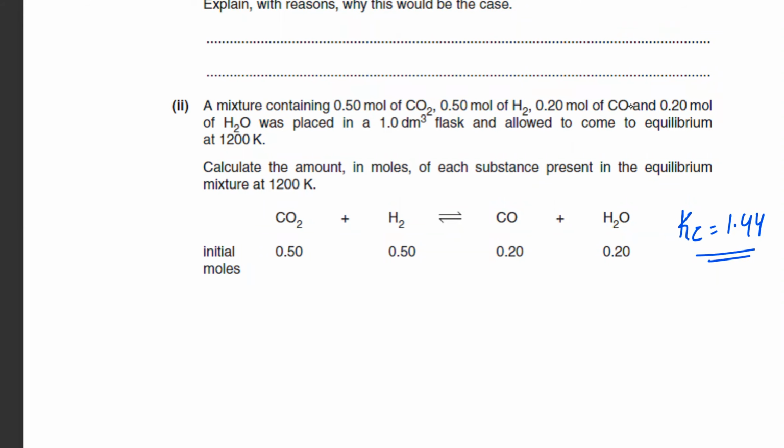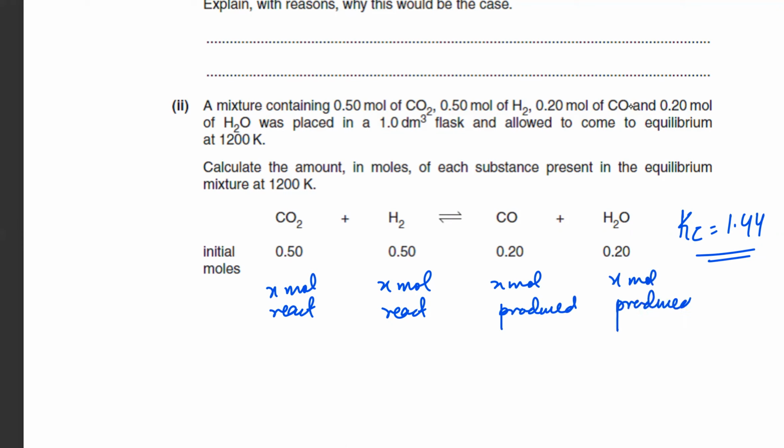So again, in this case, I'm going to assume x moles react. And it's 1:1, so x moles of this would also react. And on the other side, 1:1, so x moles are going to be produced, and x moles of this would also be produced.